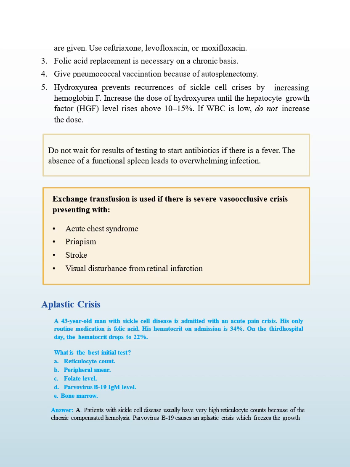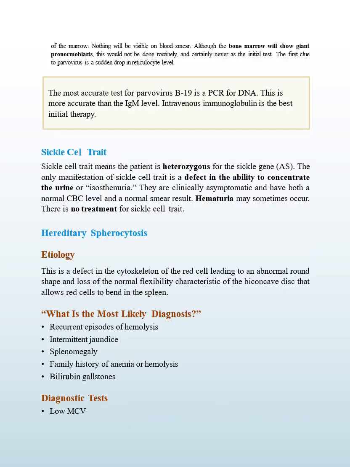Parvo B19 causes an aplastic crisis which arrests the growth of the marrow. Let's go to the next slide. Number 22. Nothing will be visible on the blood smear.